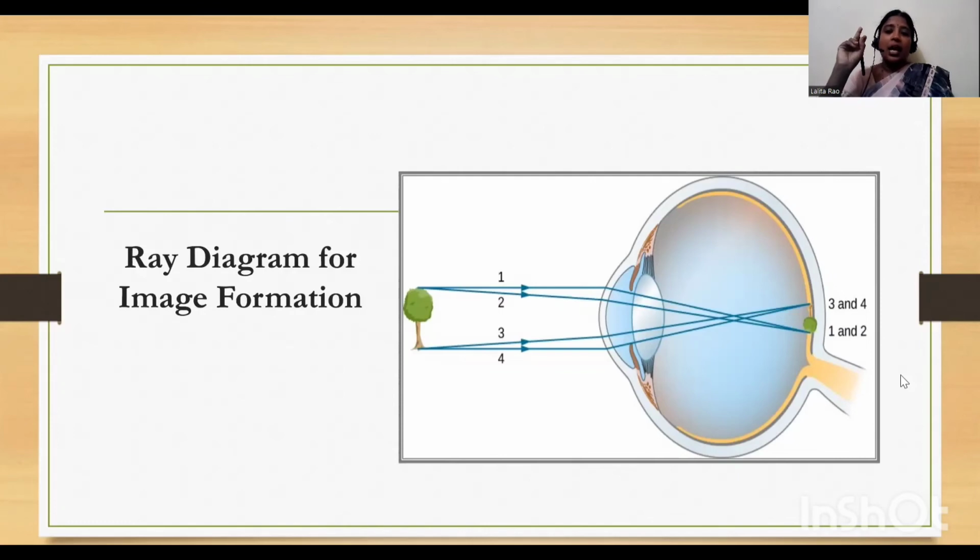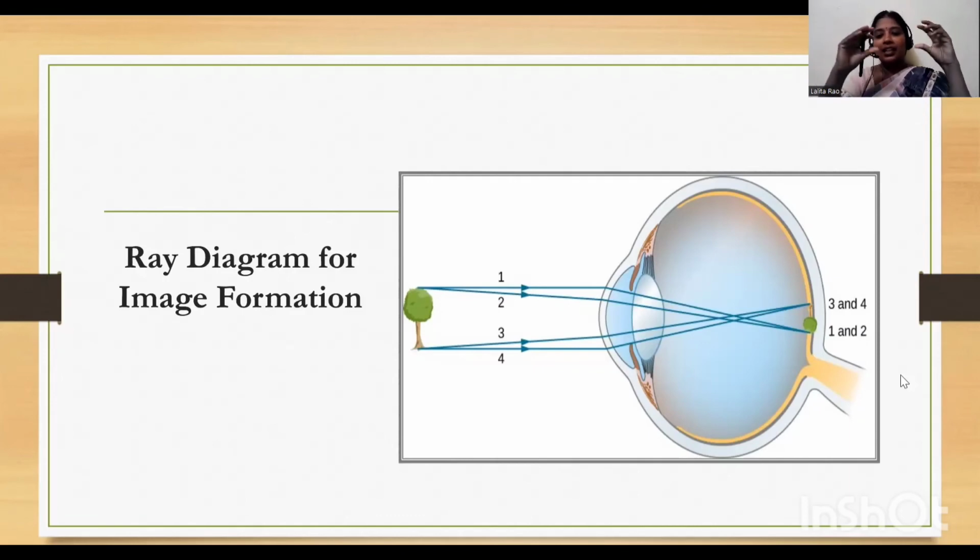These ciliary muscles, what do they do? Depending upon the position of the object, they increase and decrease the focal length of the lens by stretching it and making it thin, and by not stretching it, contracting it, and making it thick, depending upon whether you are trying to see a nearby object or a far object.